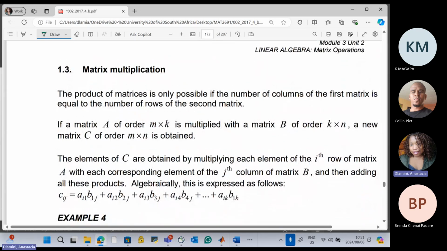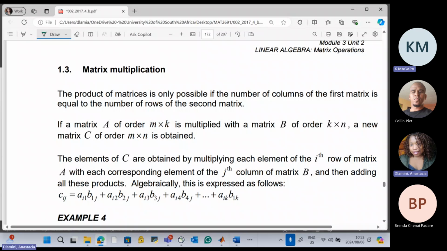Did you guys do matrix multiplication in the previous year? Guys? Hello? Should I assume you did it? Did you do matrix multiplication in first year? Yeah, I think we did, ma'am.